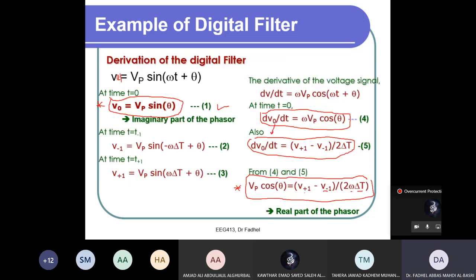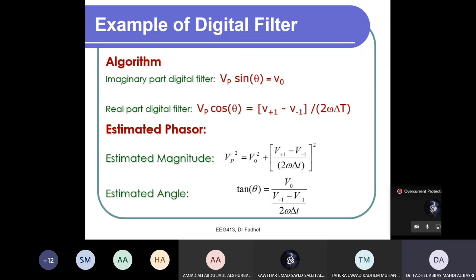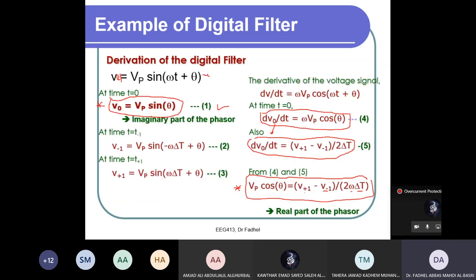And so from two equations and two unknowns, I would like to find VB and theta. So how do you find VB and theta? If you square, so we have two filters. This represents the imaginary part of the phasor. Why do we say this is in the phasor domain?